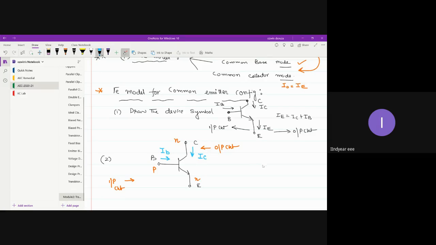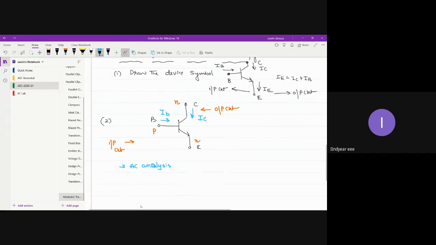Now, since I am considering AC analysis, one important point you have to note is that I am representing the currents as IB, IC, and IE.